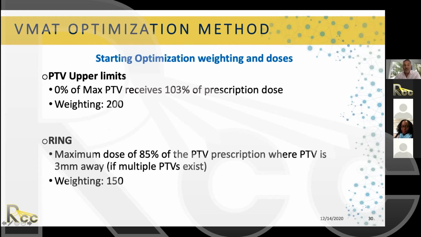For upper limits, you put 0% of the max PTV receiving 101 to 103% of the prescription, because it's going to get a little more than 100%, with the same weighting of 200. And for the rings, remember we talked about one ring or two rings, the one closest to the PTV gets a maximum dose of 85% of the prescription with a penalty of 150. Remember that these rings were created 3 millimeters away from the PTVs.